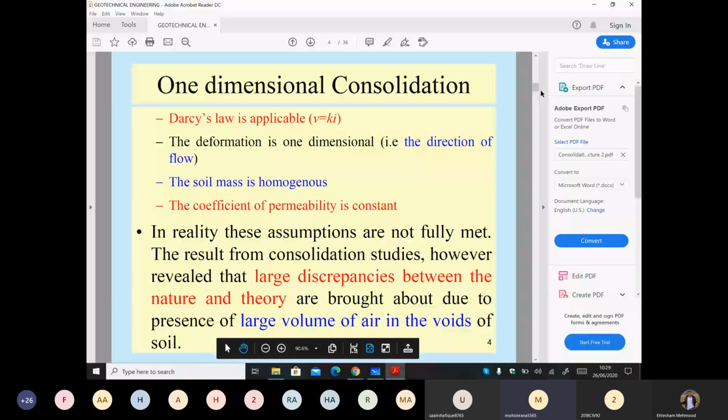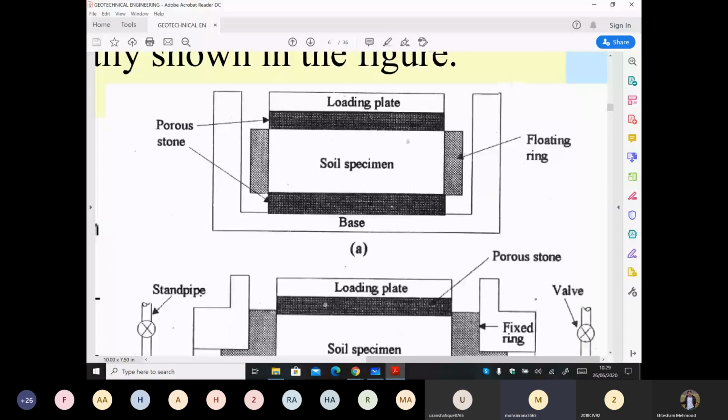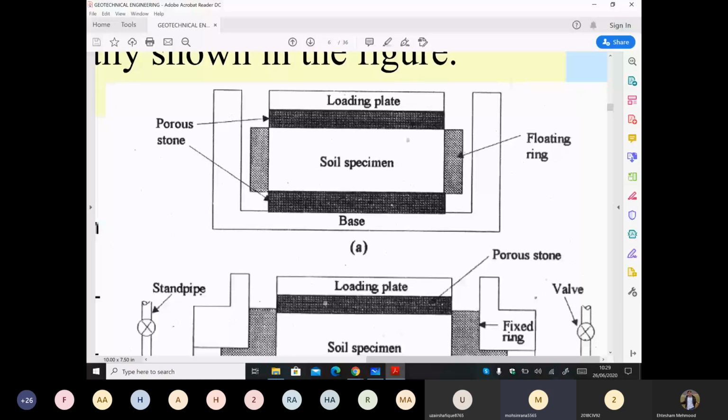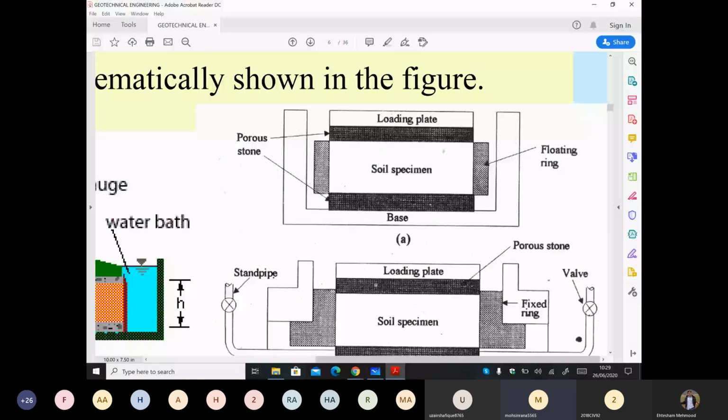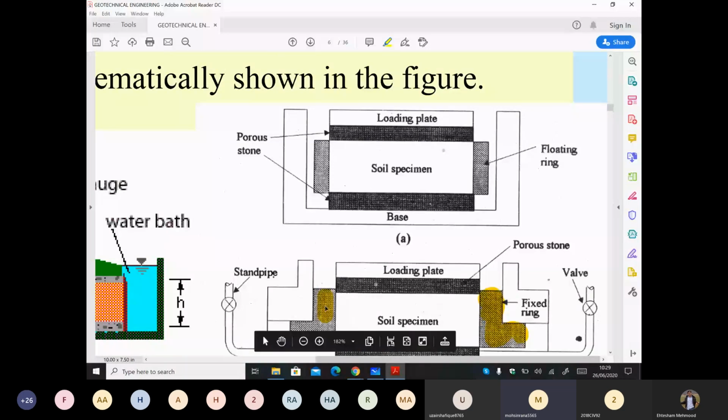All right, so this is the figure of the fixed and floating ring. Can you see the figure? Yes, sir. You see here that in the case of the fixed ring, the ring of the soil sample is hatched, in rectangular form, and it is stuck in the apparatus.